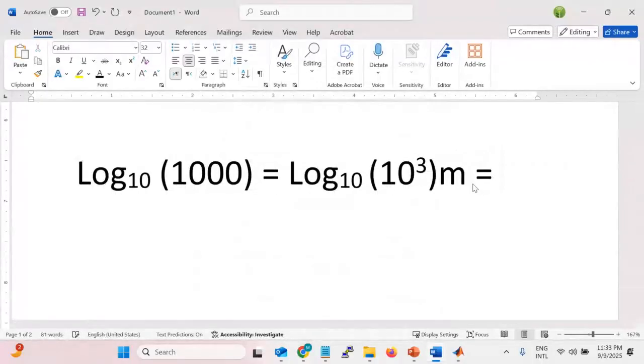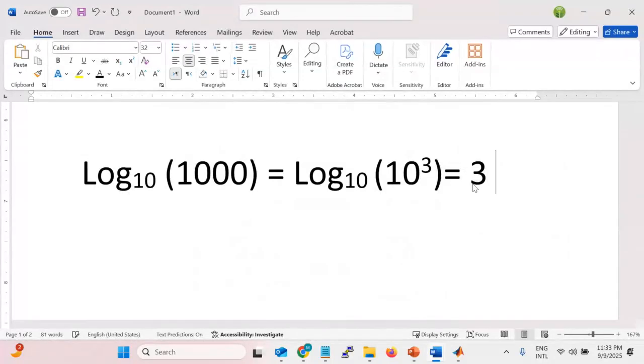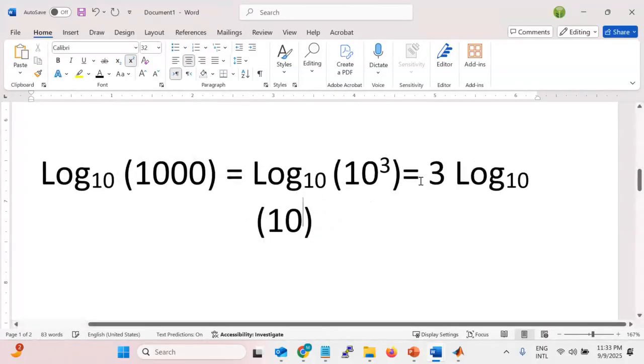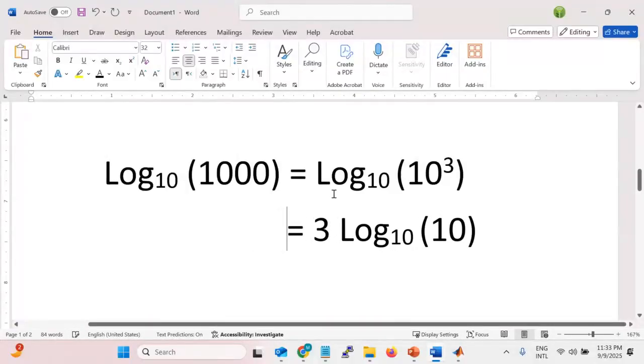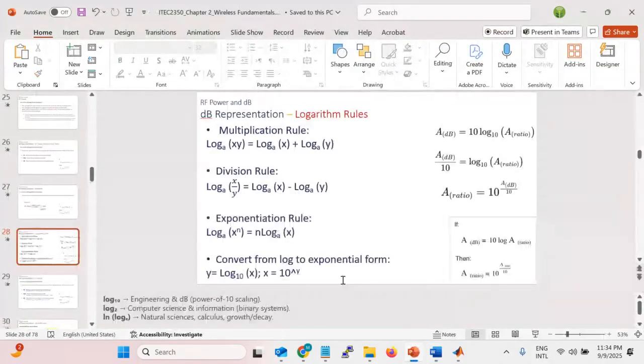Log of 10 power 3, how much does it equal? 3 log of 10. Log of x power n equals n log of x. Log of 10 power 3 equals 3 log 10, which equals 3. Why? Because log of 10 equals 1. Okay.